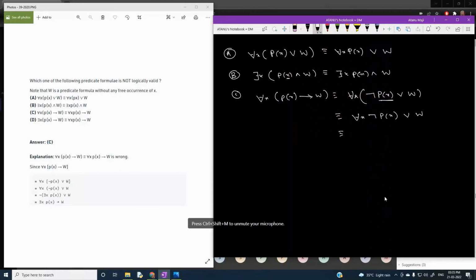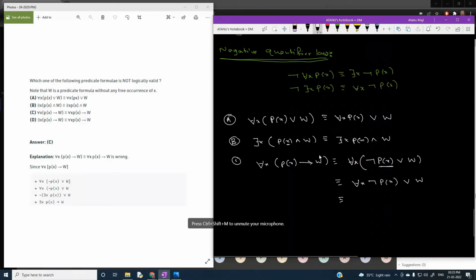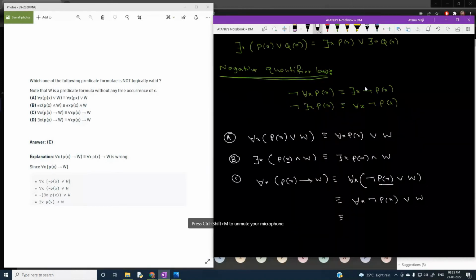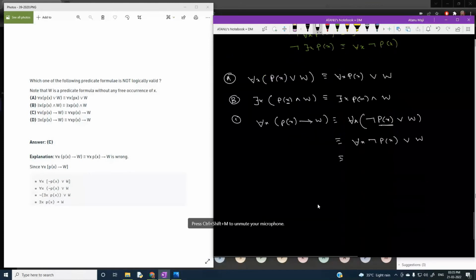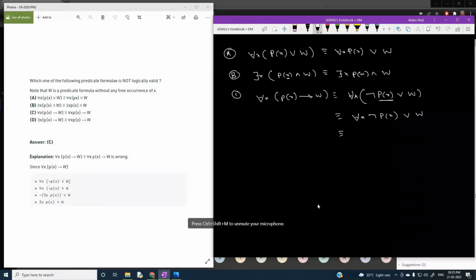After that, suppose I want to take this negation outside. For that, recently I have written a law, the negative quantifier law: for all x negation px, if I want to take this negation out, this universal quantifier will be converted into the existential quantifier. So I can write in this way, negation of there exists x px, disjunction w.